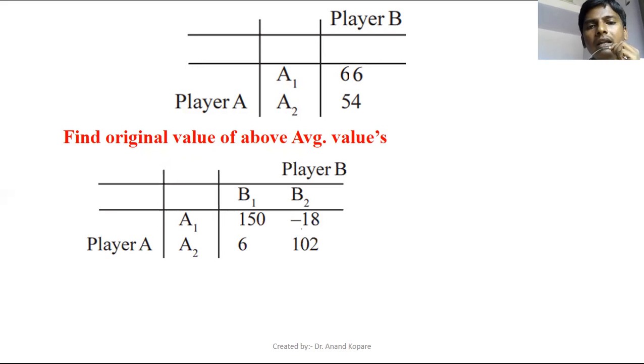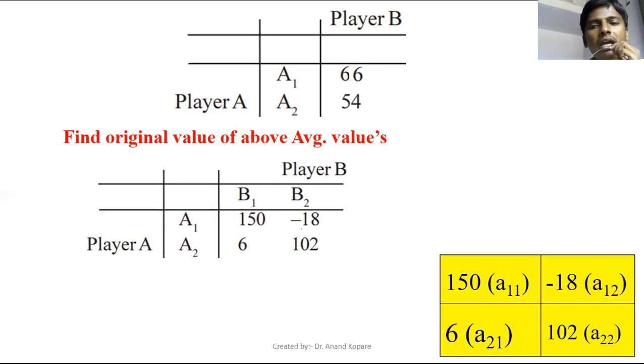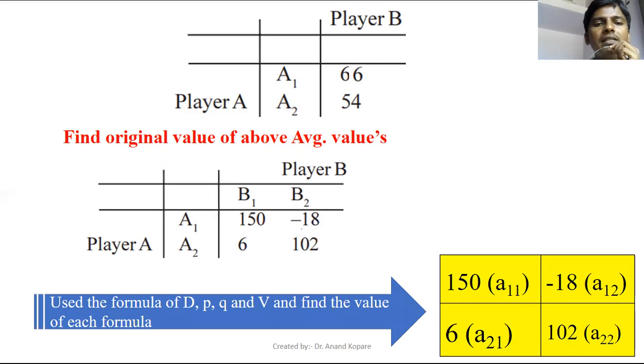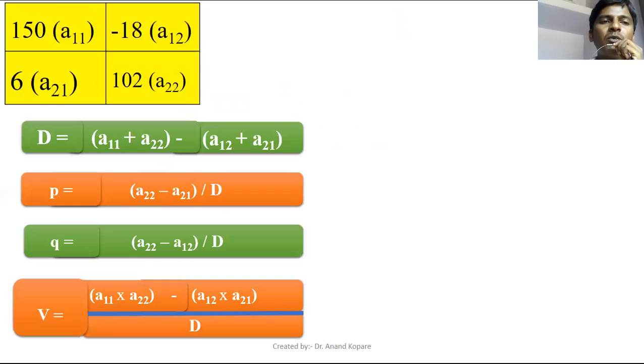That is what your A11, A12, A21 and A22 are. So put all these values into the formula, that is D, P, Q and V, and find the value of gain. So these are the formulas. Replace the values in the formula and find the value of gain.